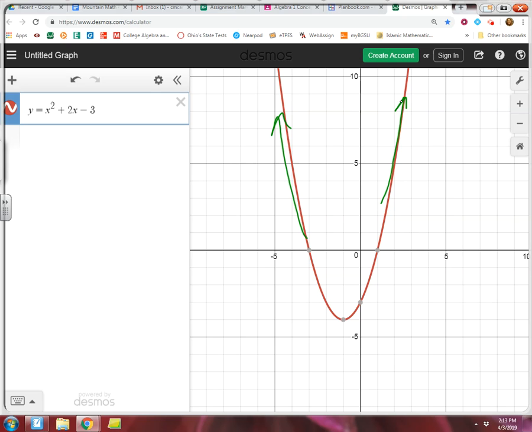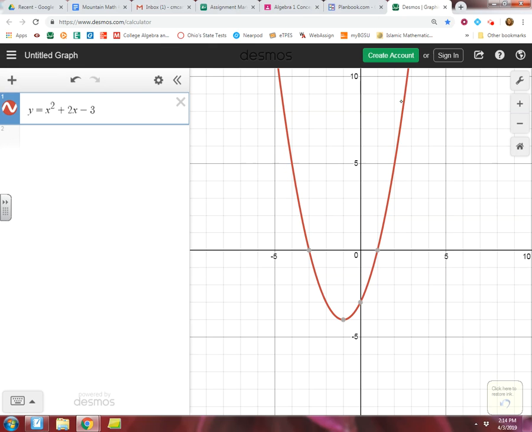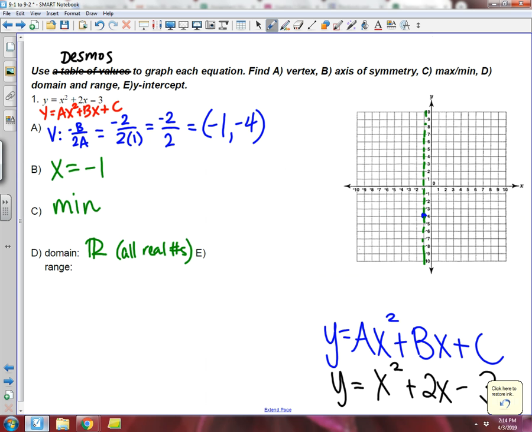Isn't that point right down here? Since we're talking about range, which is y's, what is the y down there? -4. So do you agree that all the y's have to be bigger than -4? Do you agree that that would be greater than -4? Yes, bigger means greater. So the y's are greater than or equal to -4. That is my range.